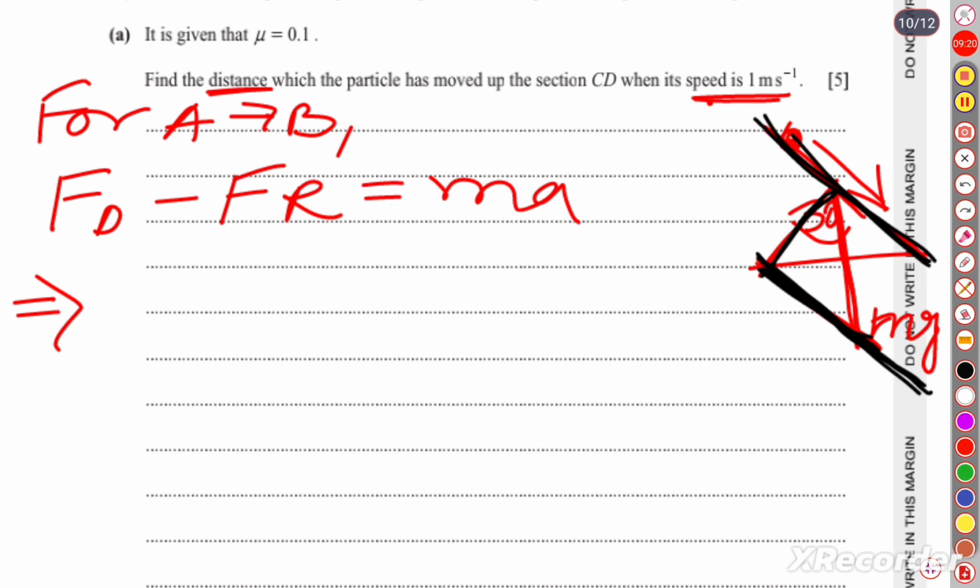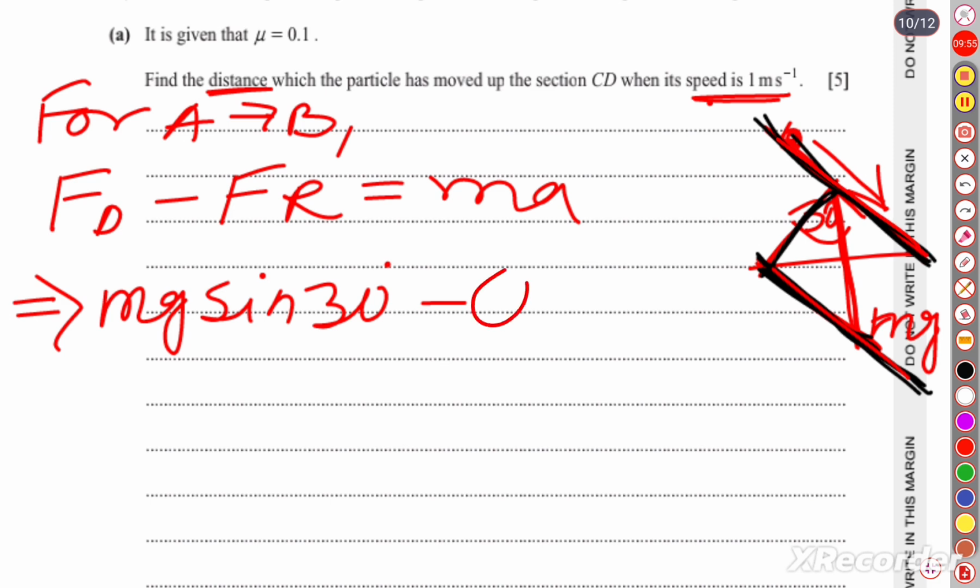So for the vertical line, how can we write? We know that the magnitude of the vertical line is, we know the hypotenuse is mg, and for the vertical line it will be mg sine 30 degrees, because the angle is 30 degrees, minus resistance force. And don't forget that surface AB was smooth, so there is no resistance force acting on this.